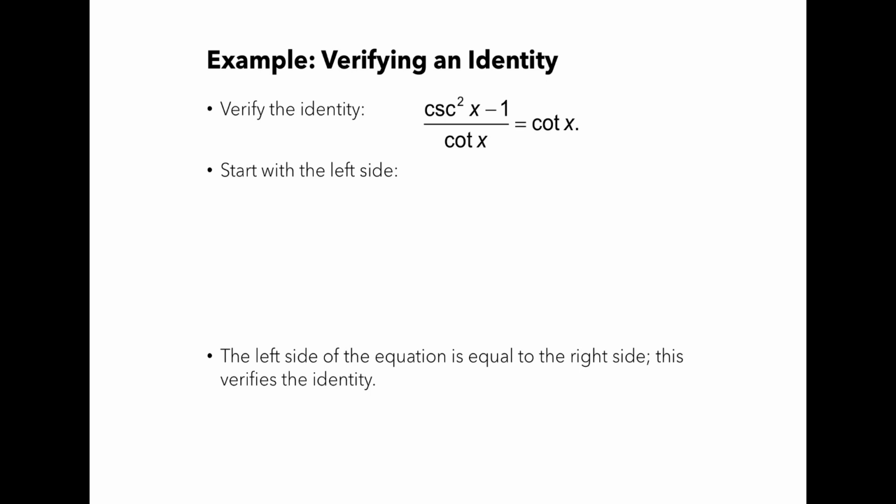What's kind of nice about these identities is that we get to be a little creative with trying to look for those types of relationships using the different identities that we know to be true. And also we kind of see a goal on the other side, right? Here we see we want to get this down to be just a simple cotangent.